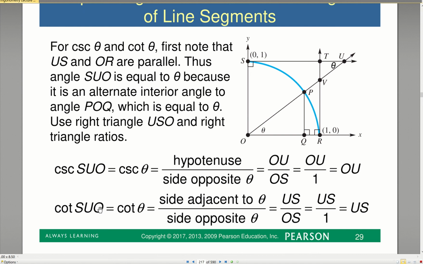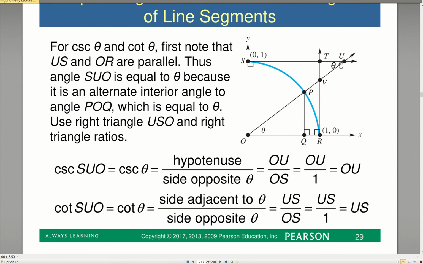And finally, for the last two trig functions, cosecant and cotangent, we go to this large triangle here. And remember, this angle here, TUV, is exactly theta again, because these are alternate interior angles. So for the cosecant in this triangle, SUO, cosecant, as you know, is hypotenuse over opposite. So in the large triangle, the hypotenuse is OU, or you can write UO, it makes no difference.